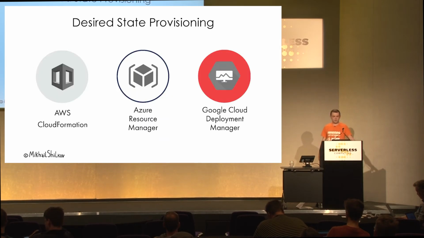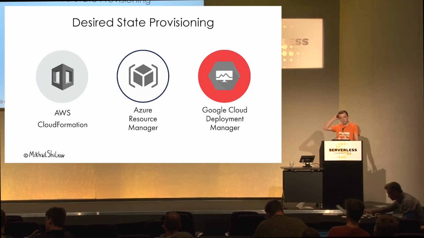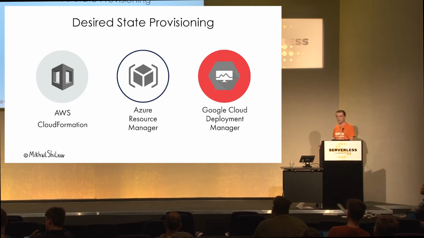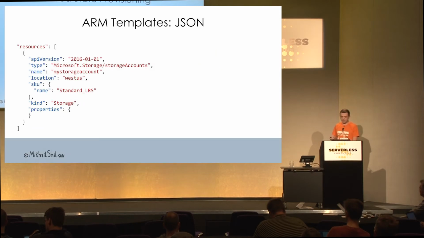So every cloud has their own desired state configuration tool. CloudFormation, Azure Resource Manager, Google Deployment Manager. They're similar on a high level, but of course different in details. So Azure ARM templates use JSON to define infrastructure.